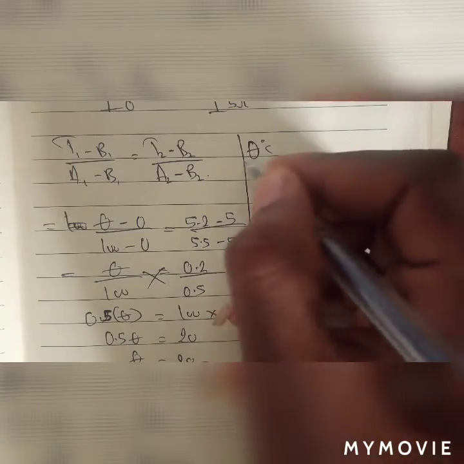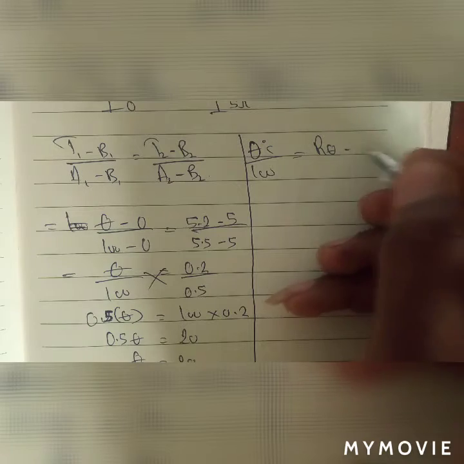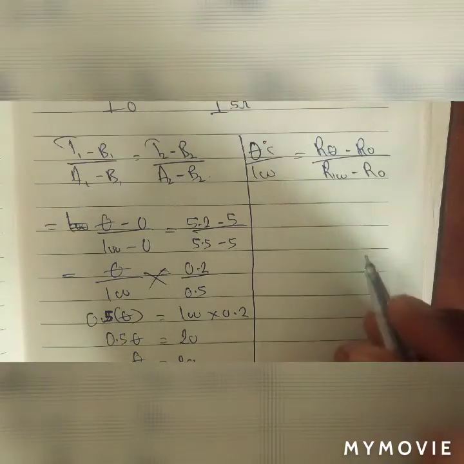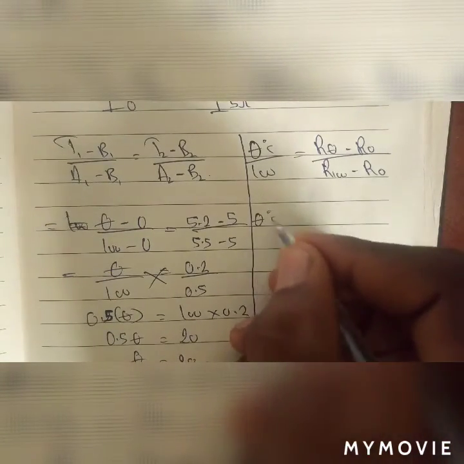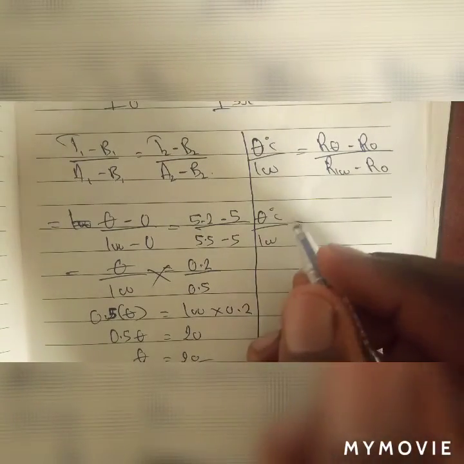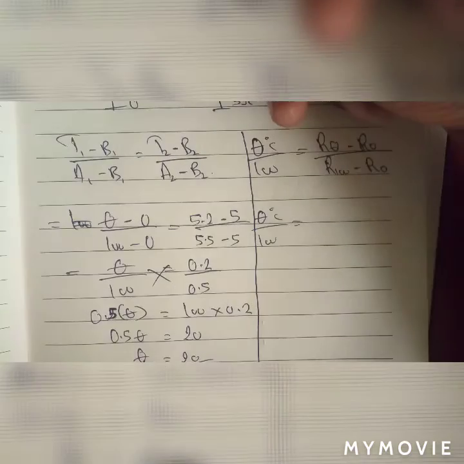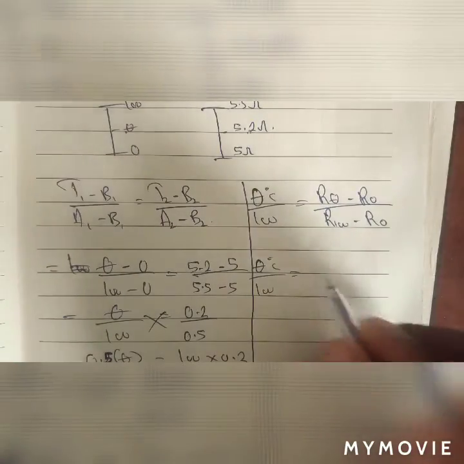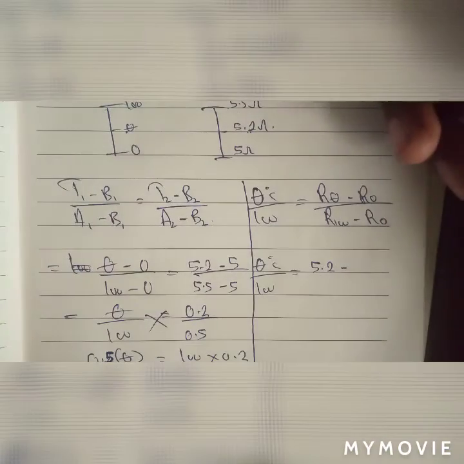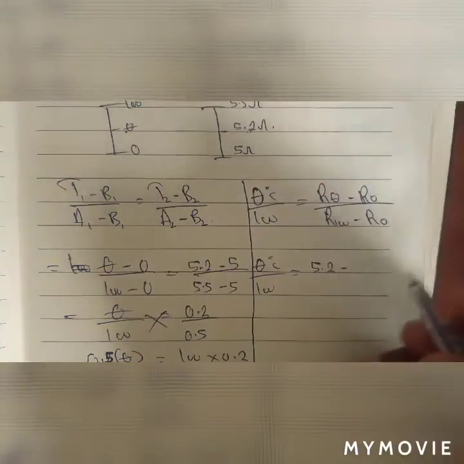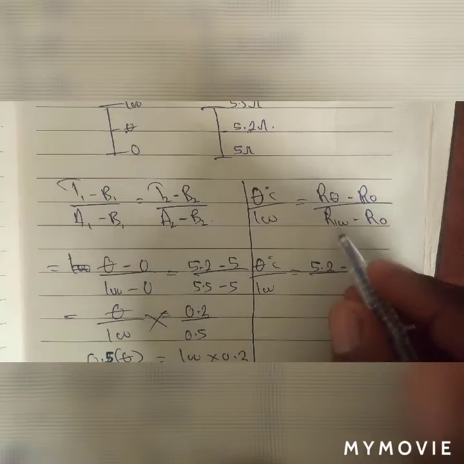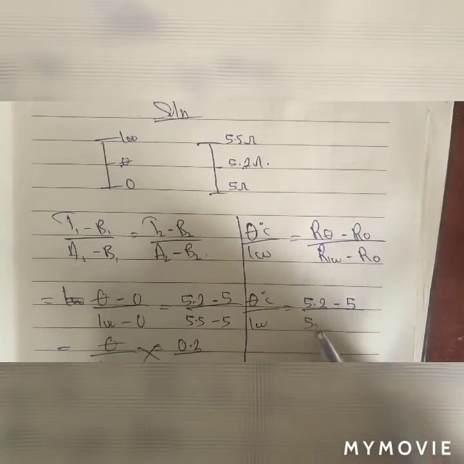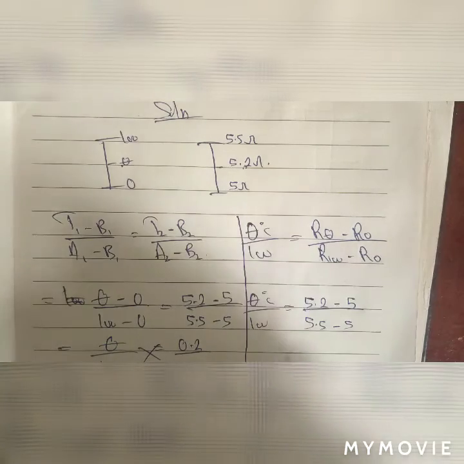Theta over 100 is equal to (R theta minus R0) over (R100 minus R0). Here R theta is 5.2, minus R0, which is 5, over R100, which is 5.5, minus R0, which still remains 5.